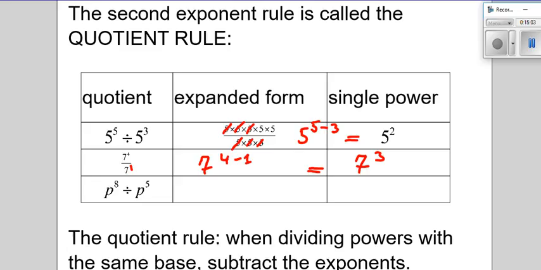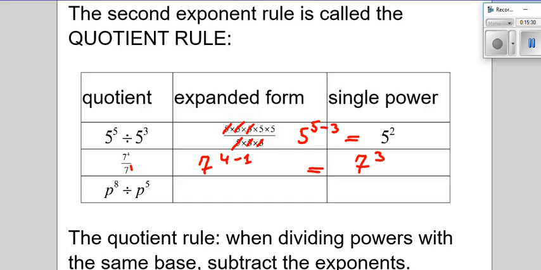We're talking about dividing. First we wrote it out. So the first one is 5 multiplied, and then that's divided by 3 multiplied. And because it's set up in a fraction, we can just start canceling between the top and bottom.